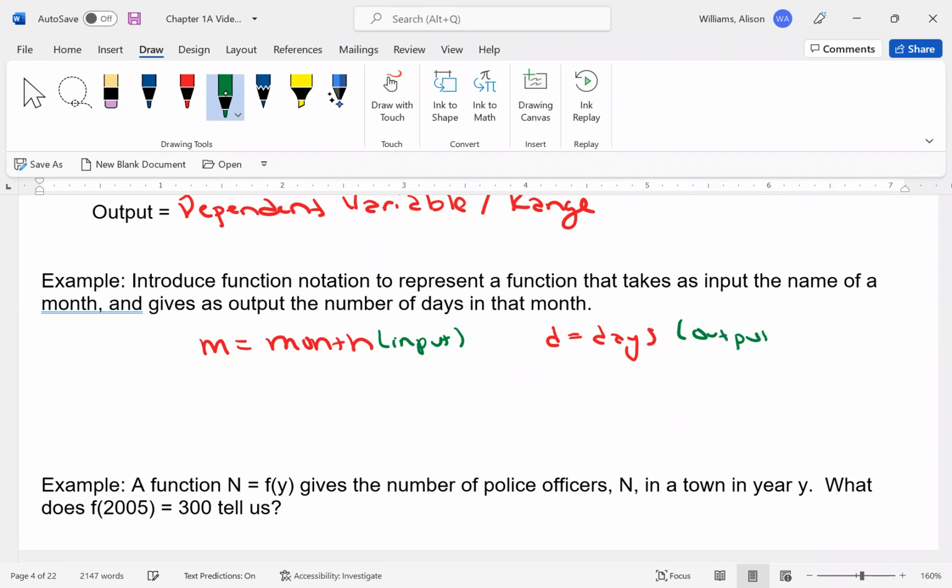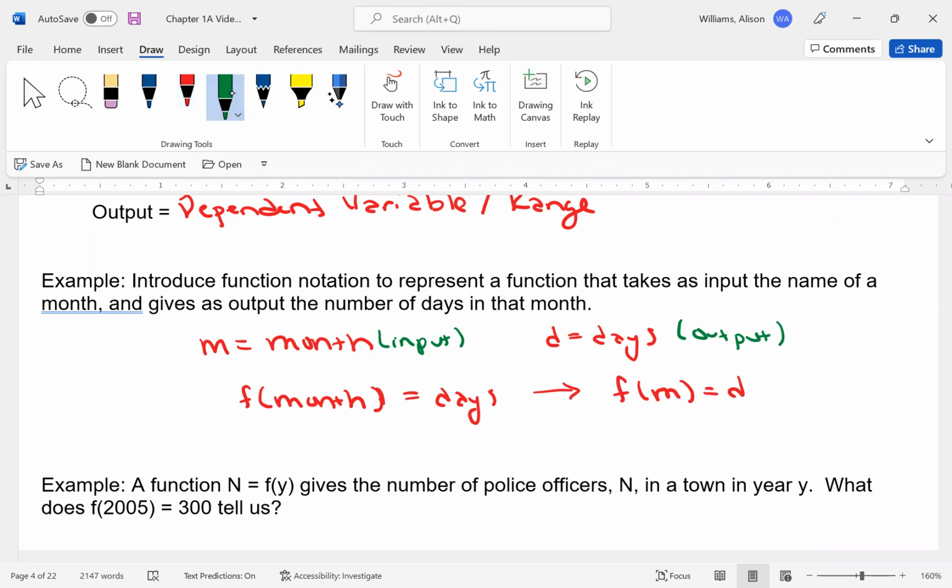Okay, so I could write the function notation two ways. I didn't really have to use the variable labels. I could have just written f of month equals days. That would have been acceptable. Or if I use my little labels, I could have done f of m equals d. Both of those work.